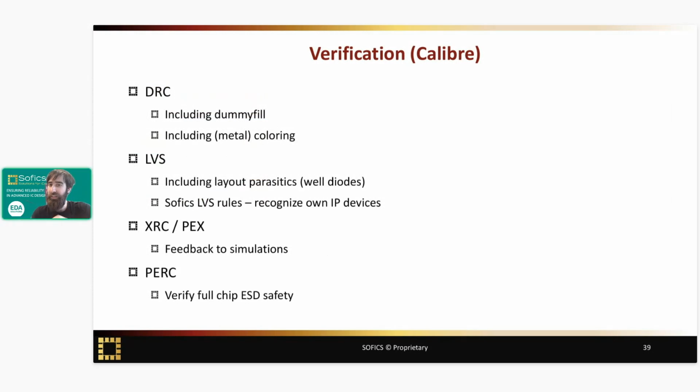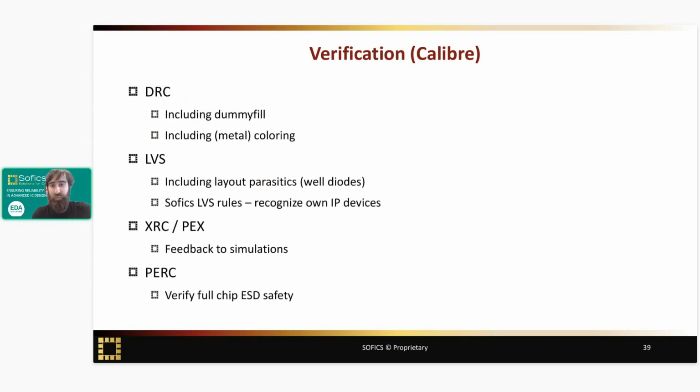A second interesting thing is the metal coloring, which can happen automatically already in a lot of DRC runs, which is a big help. Just as a ballpark, I think in these more advanced nodes, the DRC manual has been easily 10 times, 20 times bigger in size. So the DRC and a performant DRC checker is important.